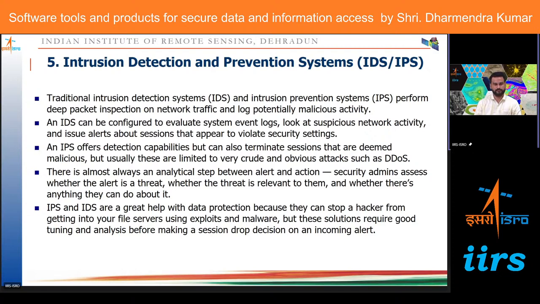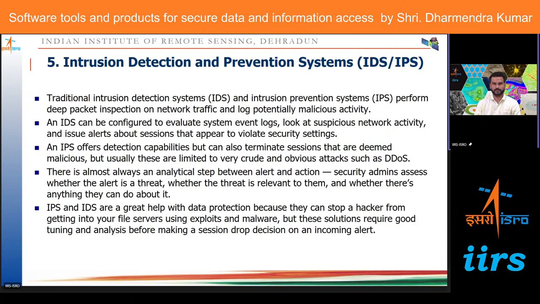There are intrusion detection and prevention systems, which we call IDS or IPS. Nowadays they sometimes come as part of the firewall, so we can have them already integrated in the firewall section. However, they could also be available separately in the market. You can have only the IDS for protecting your network.